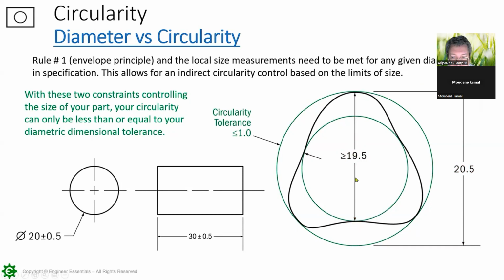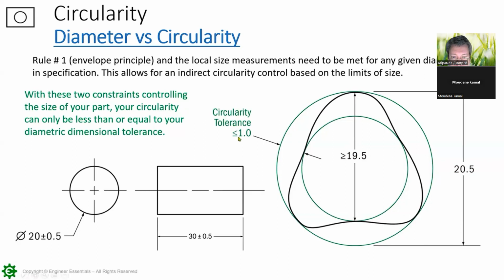So that's LMC, but this circle right here that they're showing is not LMC. In our classes, when I'm teaching circularity, I will stop and ask if everybody knows what this green circle's diameter is. Everyone always says 19.5. It's not 19.5, as you can see right here.